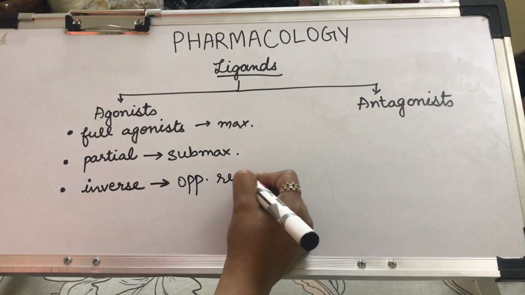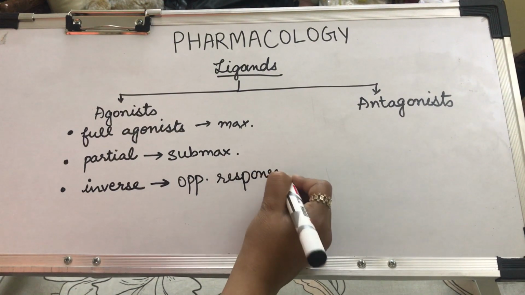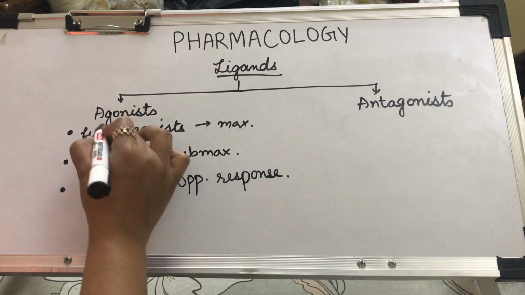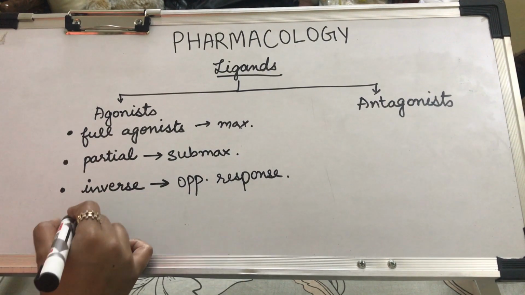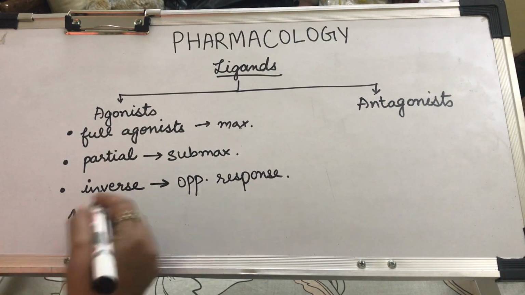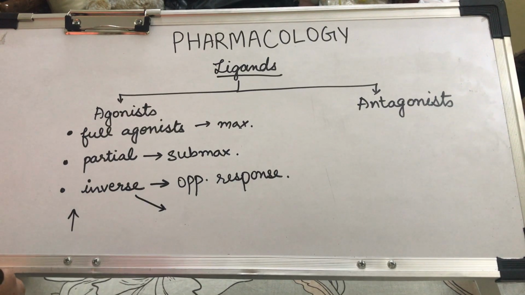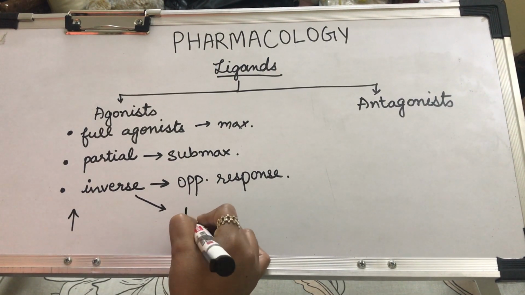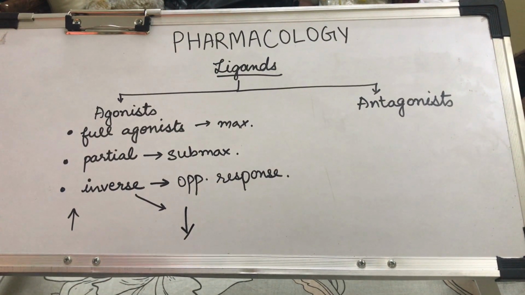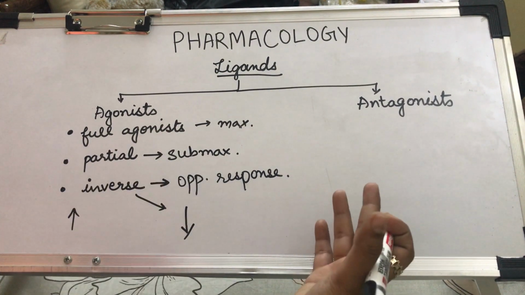For example, what is the response of the substrate? It is going to increase the hormone, but in case of an inverse agonist, it is coming and binding and it is decreasing the hormone. That is the opposite reaction.